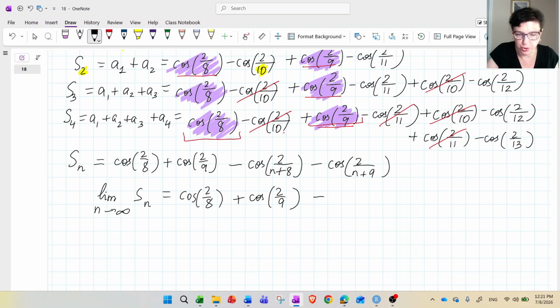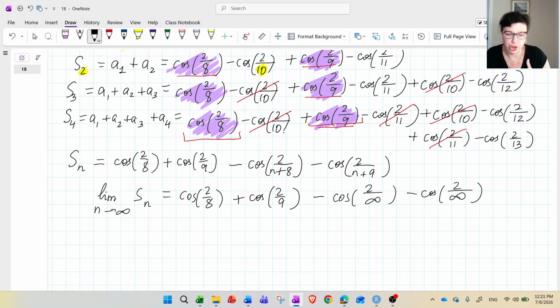Well, when n approaches infinity, what you get is 2 divided by infinity plus 8, which is just infinity, and then 2 divided by infinity plus 9, which again is infinity. Now, I'm writing a shorthand. What I mean is the limit as n approaches infinity of cosine of this over that. This is just a short way of writing it. So this right here will actually turn into 0.